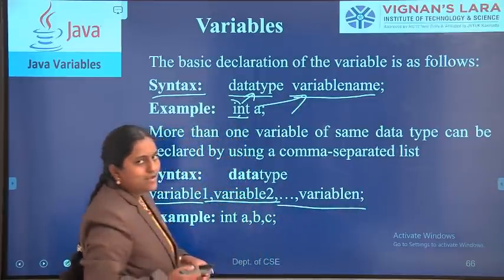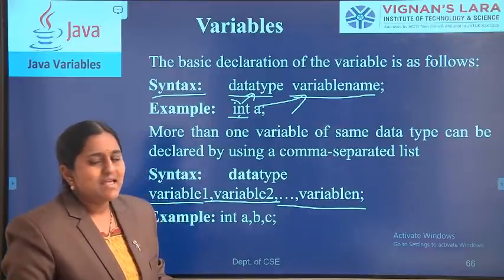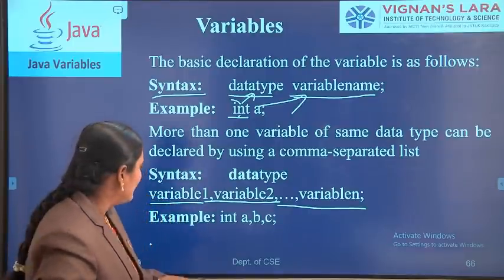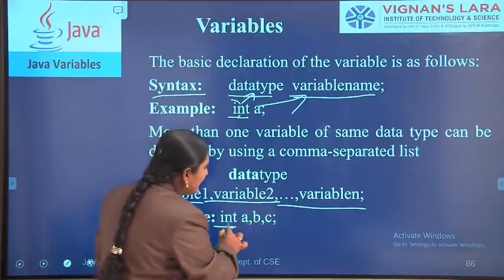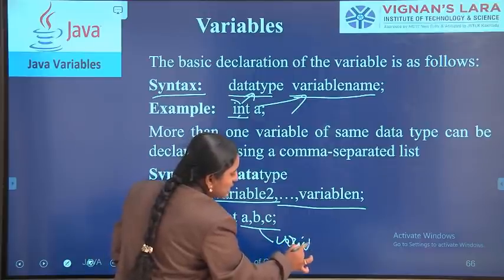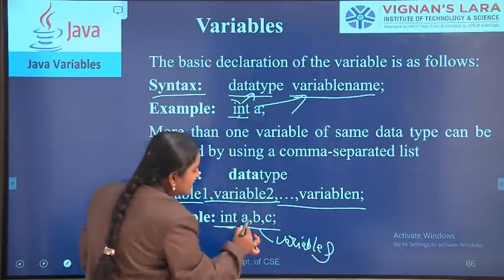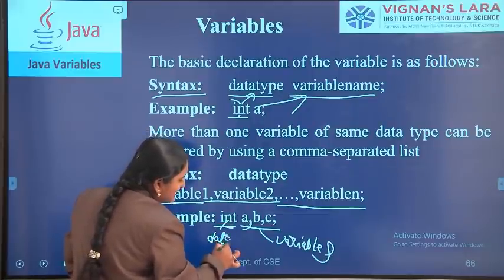We define a number of variables separated by comma, with the same data type only. For example, int a, b, c. Here int is the data type, and a, b, c are the three variables, separated by comma.